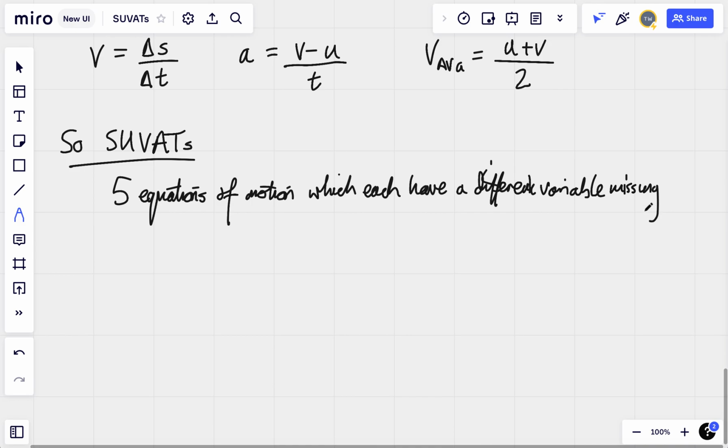What I mean by this is one will not have time, one will not have displacement, one will not have acceleration, etc. And it means we need all 5 because we have 5 variables. These variables, just to remind you, are S, U, V, A, and T.